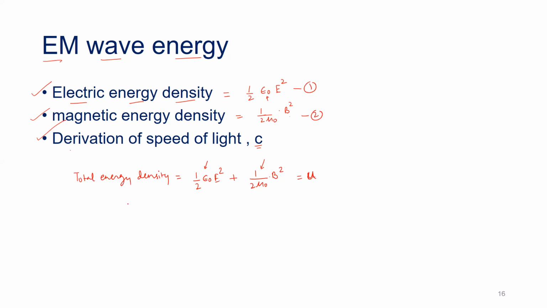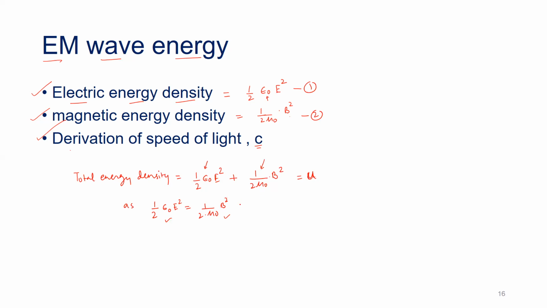And know that these two components are equal to each other. So we can write here half epsilon naught E square is equal to half mu naught B square. So we say that the electric energy density is equal to the magnetic energy density.